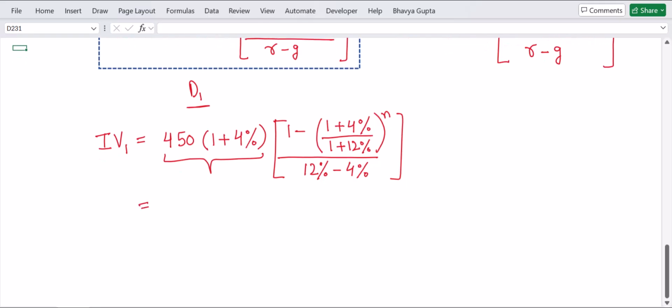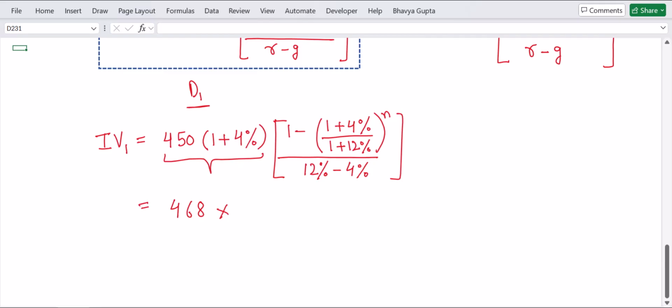So if I solve on the calculator, first of all, we will solve for the first part, that is 450 into 1.04. That will be 468. So 468 will be the dividend we will receive in the first year, multiplied by, now let's solve for the second part. So first of all, we will solve for 1.04 divided by 1.12, which will be 0.92857 raised to power 4, which will give us 0.7434.